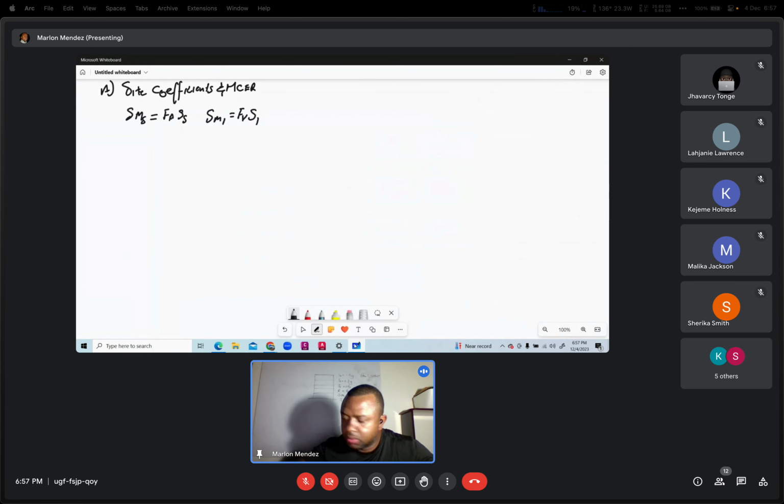When you go to the tables, these tables will be given. From Table 11.4-1 and 11.4-2, when you look into that table, you're going to find Fa.